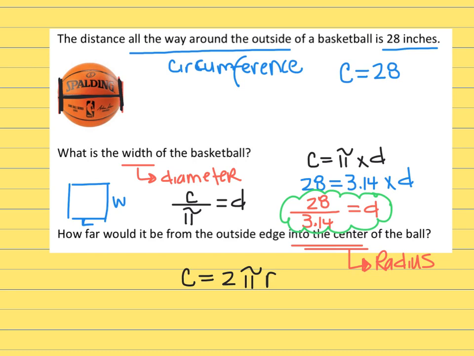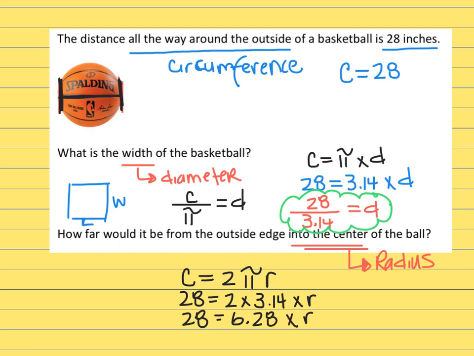I know that the circumference is still 28. I know I have a 2. Pi is always 3.14 times radius, which I don't know. I can go ahead and copy down 28. 2 times 3.14 is always going to be 6.28.